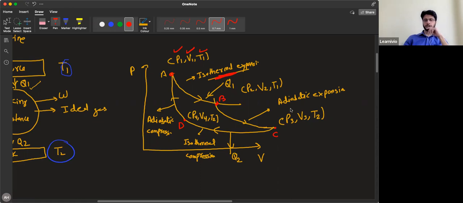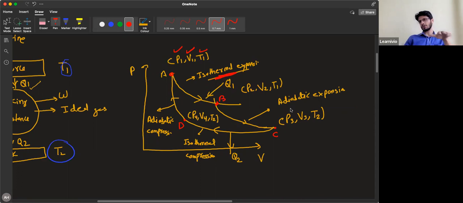Priyadarshini, why does the internal energy decrease when a gas is expanding? The reason is the gas is expanding, that means the gas is doing some work. The gas is doing work at the cost of its internal energy. The internal energy of the gas is getting converted into work.